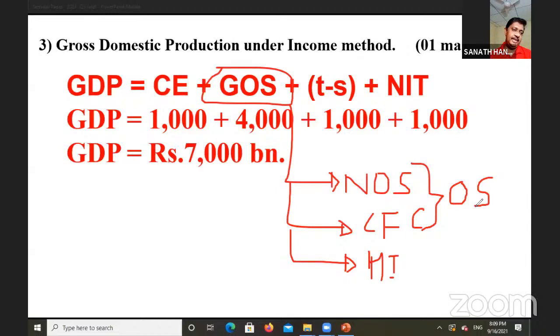So GOS has operating surplus and mixed income. Right? Answer is 7,000.